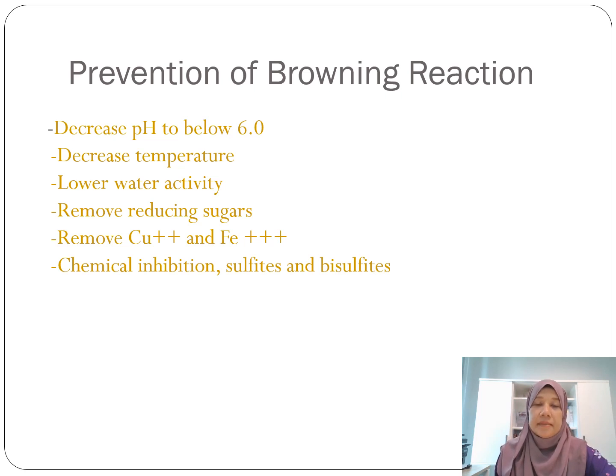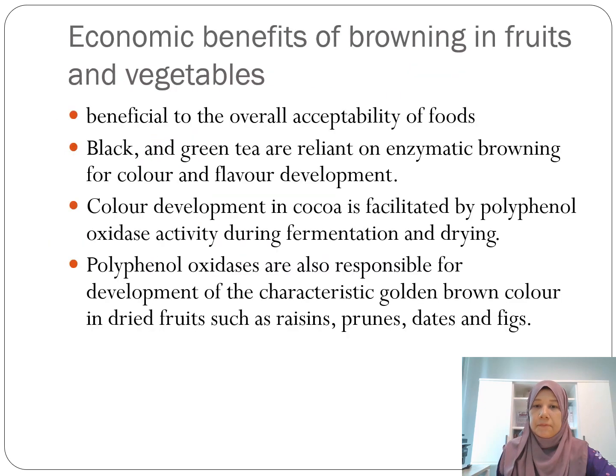Second, decrease the temperature. Third, lower water activity. Next, remove reducing sugar. Next, remove copper and iron. Lastly, you need to use chemical inhibition, for example sulfites and bisulfites.